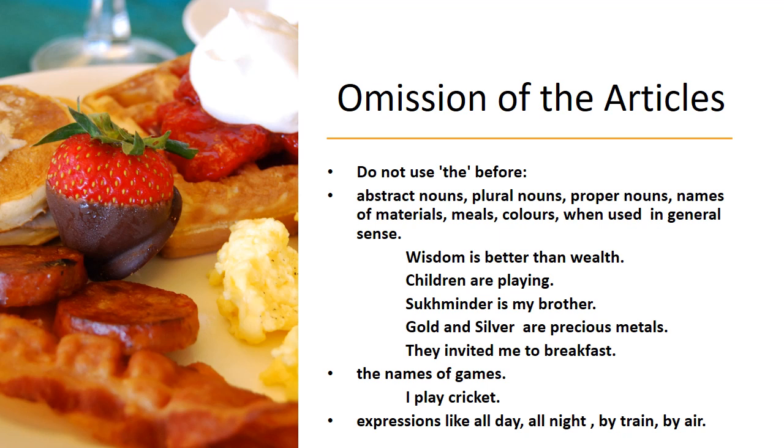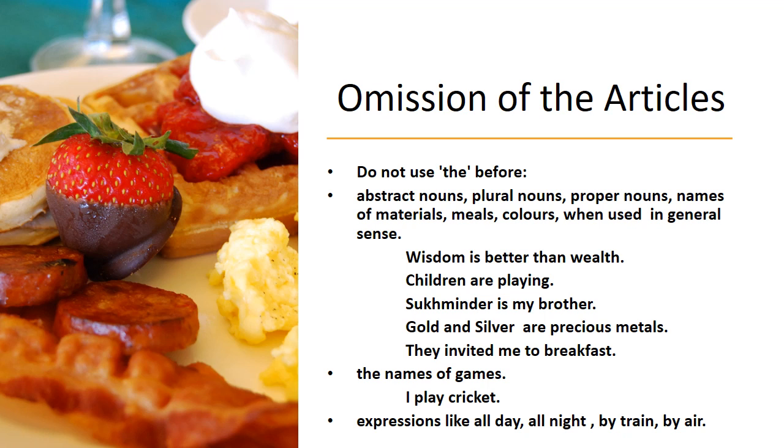For example, wisdom is better than wealth. So here wisdom is an abstract noun, so we don't use the before it. Children are playing. Now children is a plural noun, that's why we need not use the here.